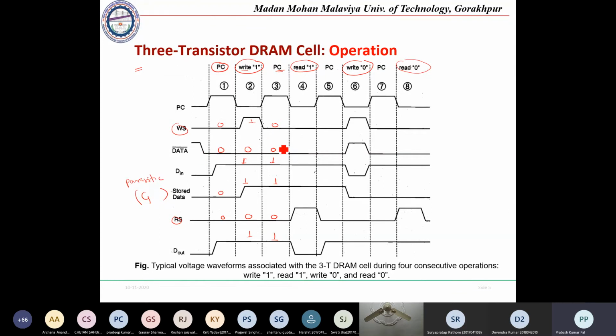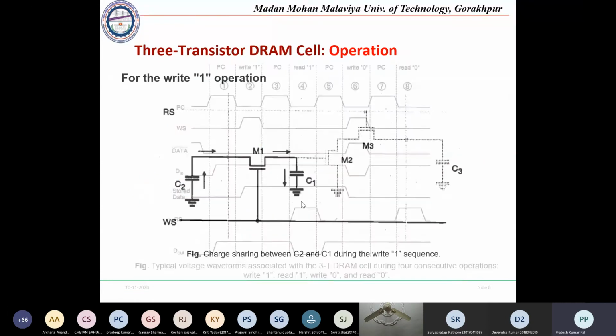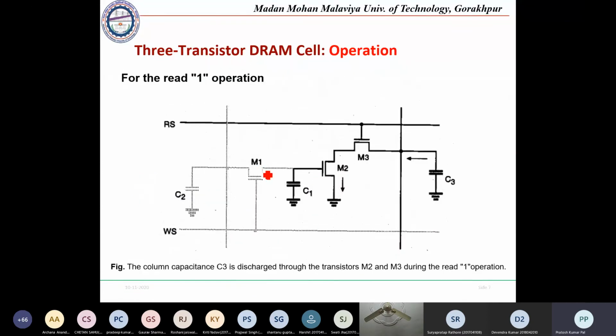Now the next mode is read 1. We are going to read the data stored on the capacitor, that is logic 1. While reading the data, PC will be equal to 0. At that time, write select will be 0 and read select will be 1.